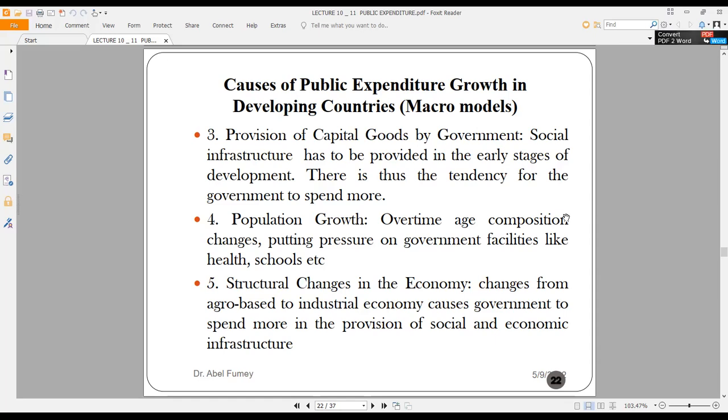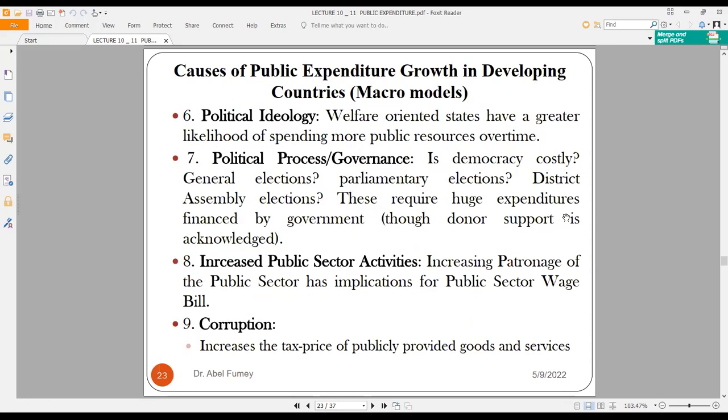Initially, even in the agricultural sector, we were using crude ways of doing things, but now because of industrialization, we need to put up more infrastructure. Now we are moving up the technology ladder, and that too comes with a cost, and the government will have to bear all that.